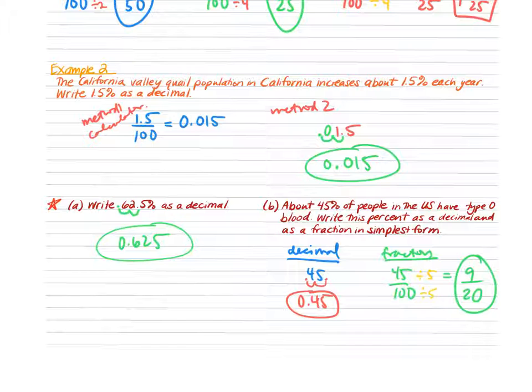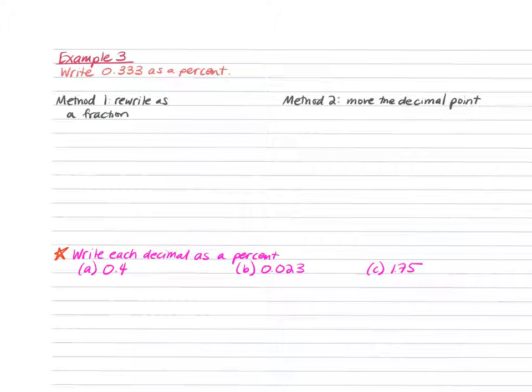Okay, so now we're going to go from decimals to percents. And again, there are two different methods for this. This is basically backwards of how we did before. Method 1, we're going to rewrite as a fraction. So write 0.333 as a percent. This means we have 333 divided by 1,000.